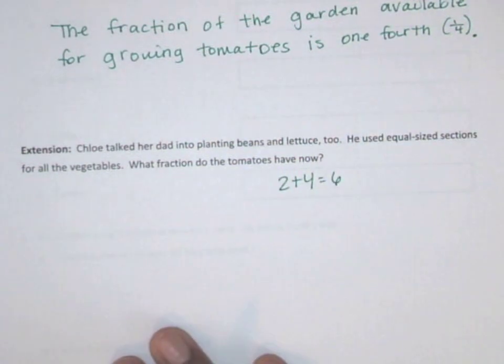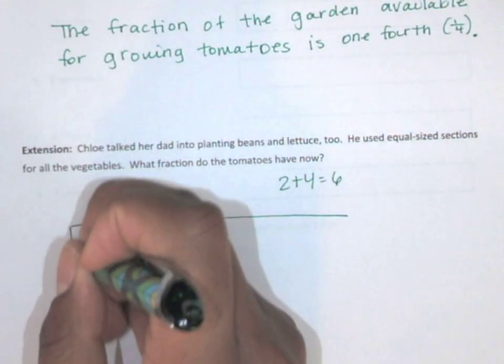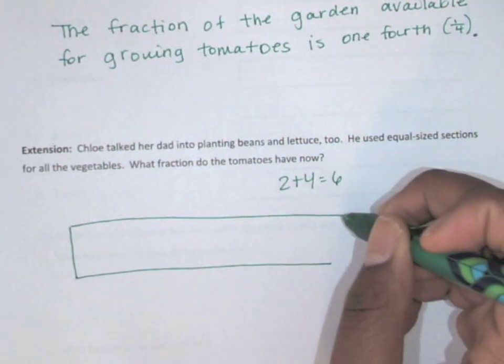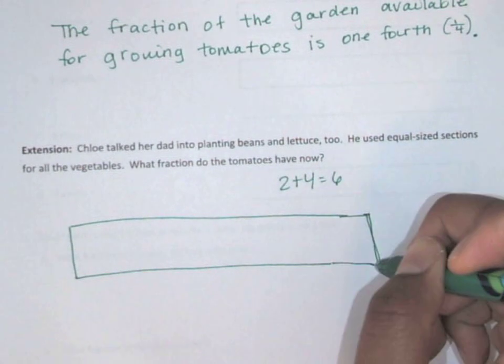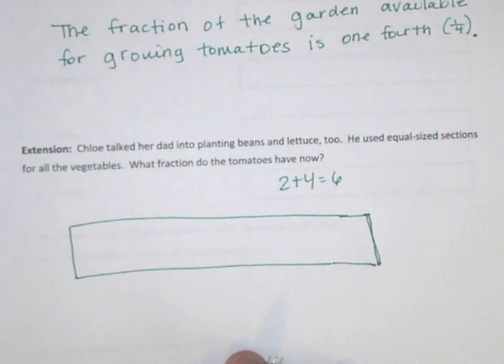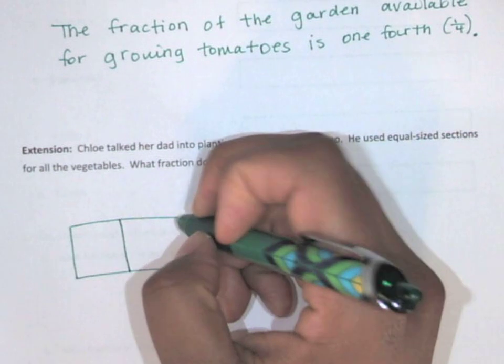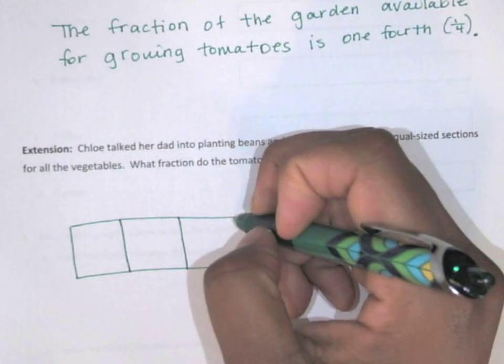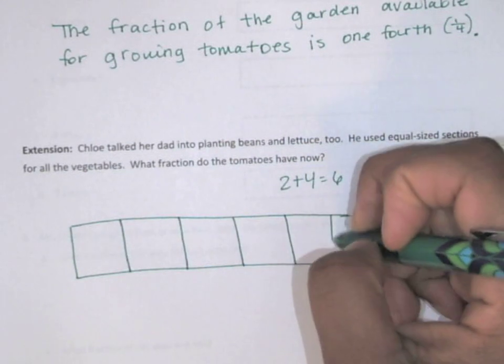So now we know that the new sections need to be equal sizes of 6. So I'm going to draw a new rectangle. It's a little bit crooked. Okay. But I need to partition it into 6 equal sizes. So 1, 2, 3, 4, 5.